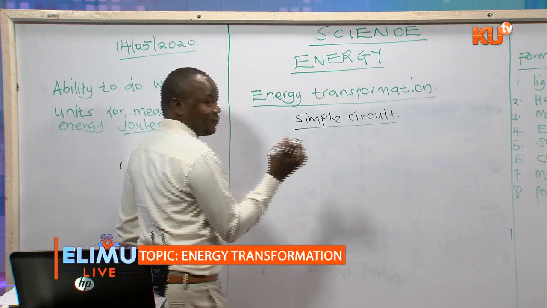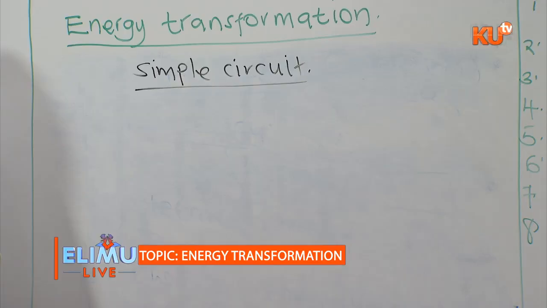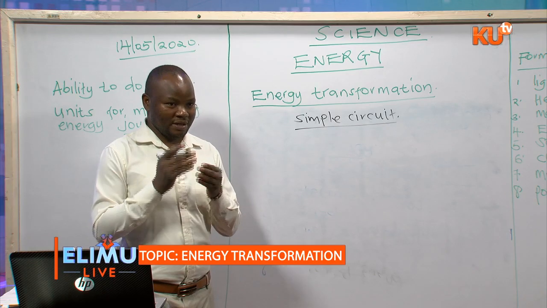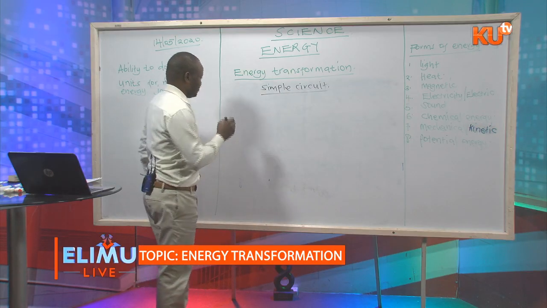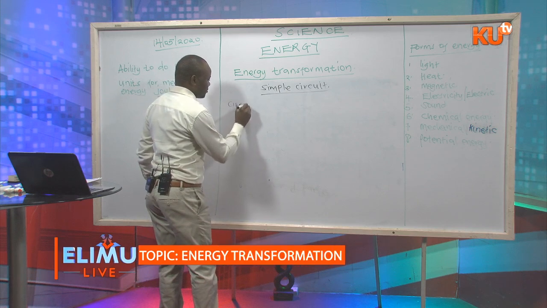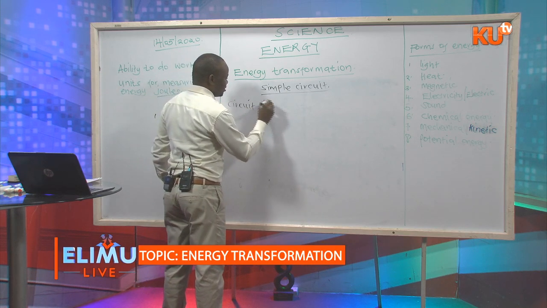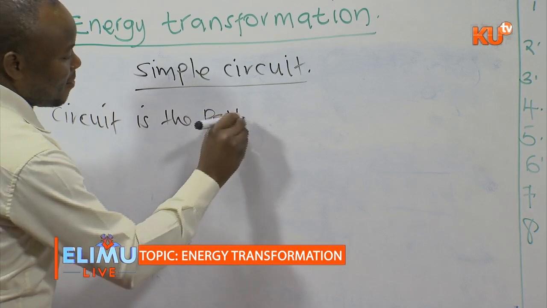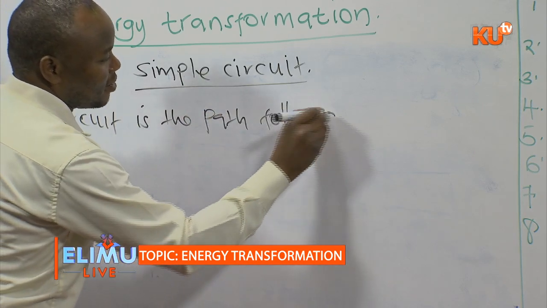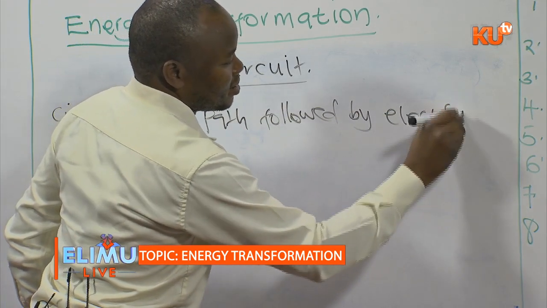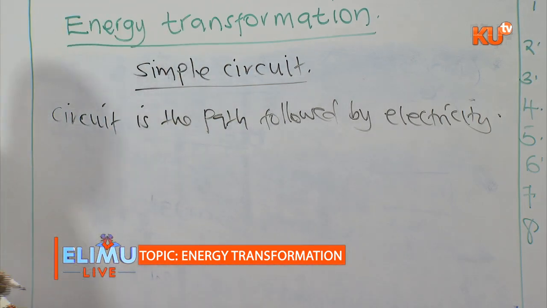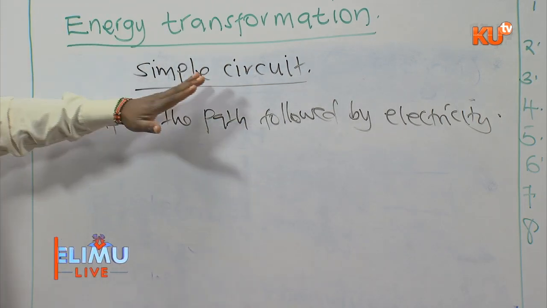First, the word circuit, maybe you can write this down: a circuit is the path followed by electricity. That is what you call a circuit.